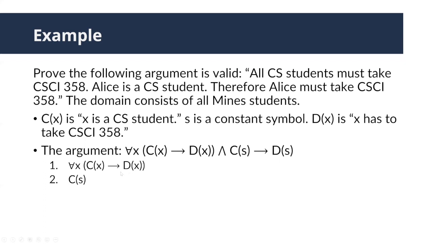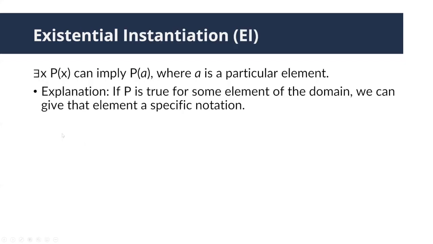So by that rule, we can imply from step 1, the first premise, to this one. Here s is a constant symbol. Now you can see by combining 2 and 3 and the first inference rule from propositional logic, we can conclude D(s) is true.